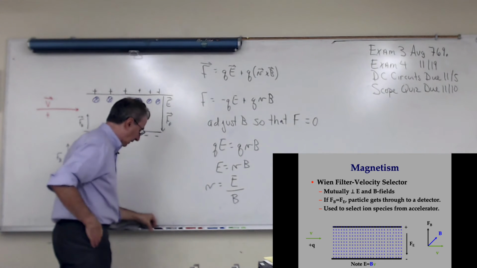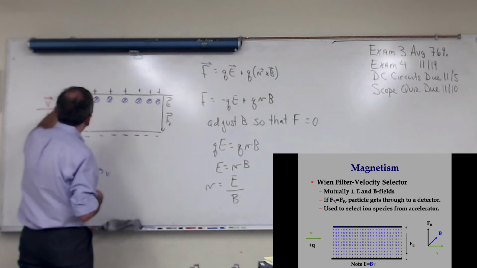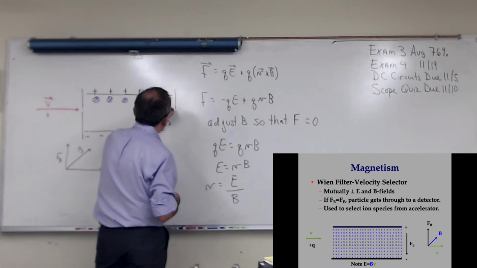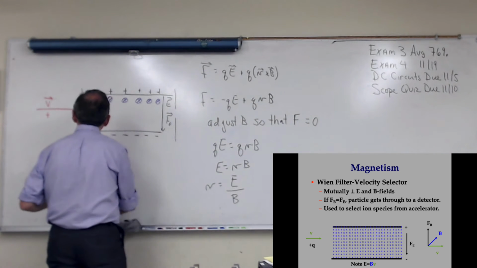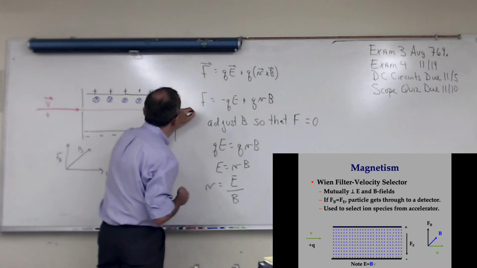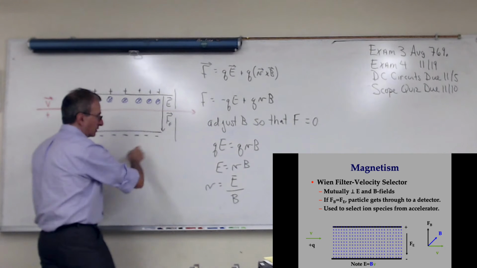Well, what I do is I put a set of slits here, or an aperture. I make it small enough so that only particles going straight make it all the way through. So these are slits or apertures.